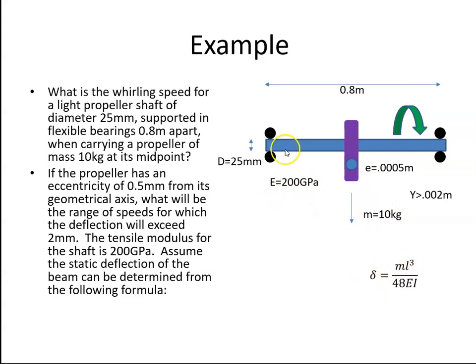Okay, so this deflection formula comes from the deflection of beams. A beam that has a load at its midpoint would have that deflection. I'll cover that in a future video. So we want to work out what this deflection is first.